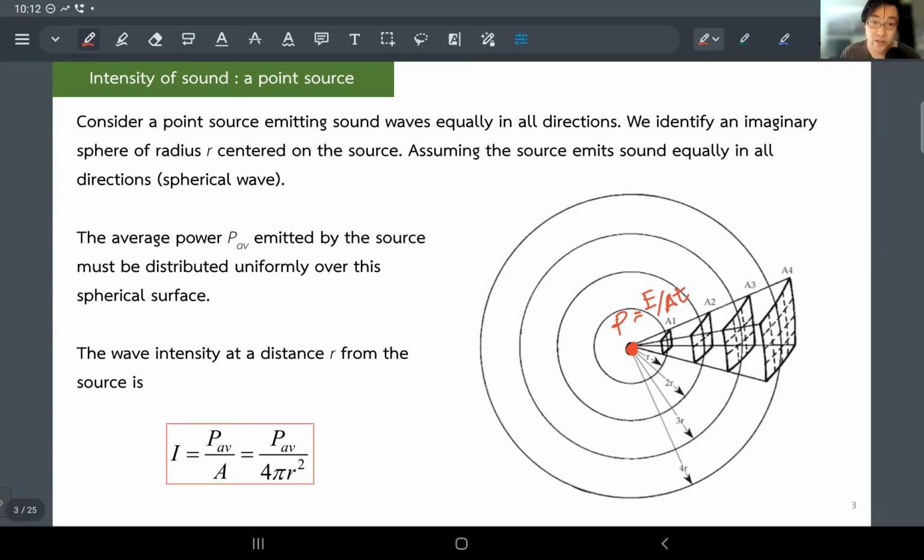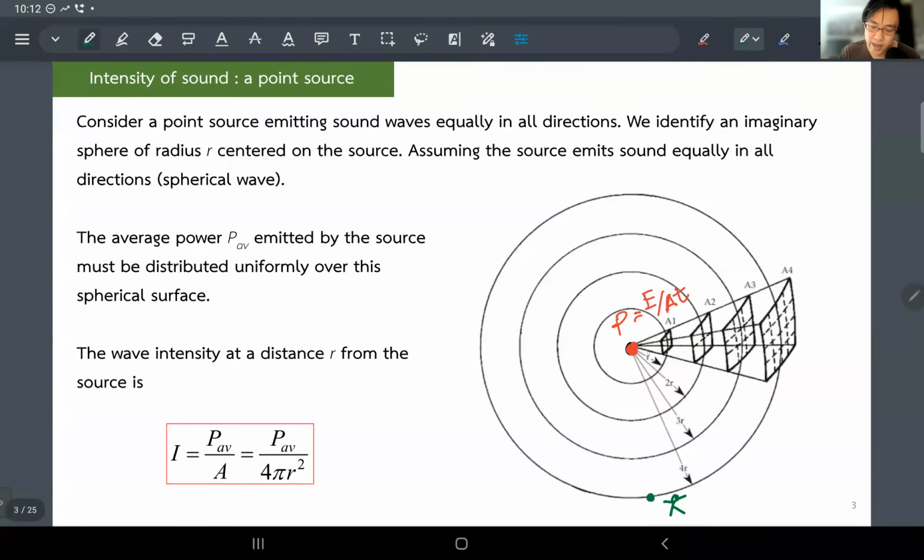Now, when you get larger and larger in the surface of this wave, that means your observation point is far away from it, let's say around down here, I want to observe the sound, or it could be any wave actually. I would like to observe the waves. You look at this one, and then you are sitting on the surface of a sphere that looks way bigger than where it originated from. Does that make sense?